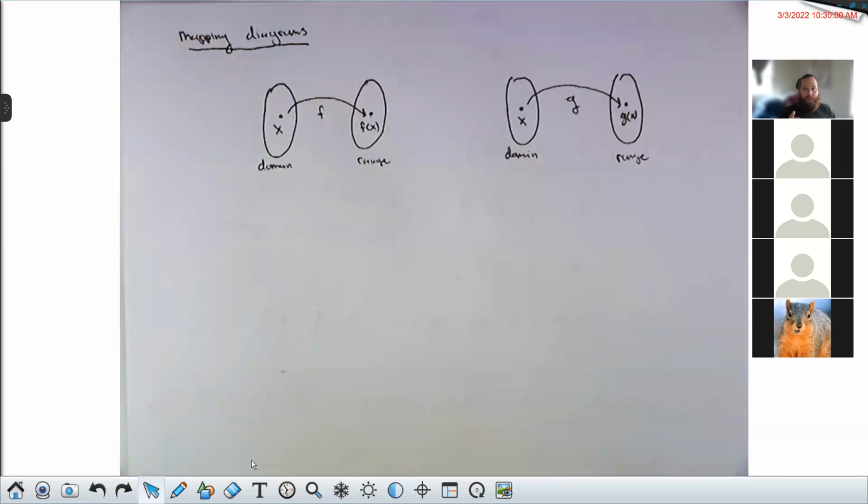A mapping diagram for f of g, kind of like the machine diagram, you identify this thing with this thing.